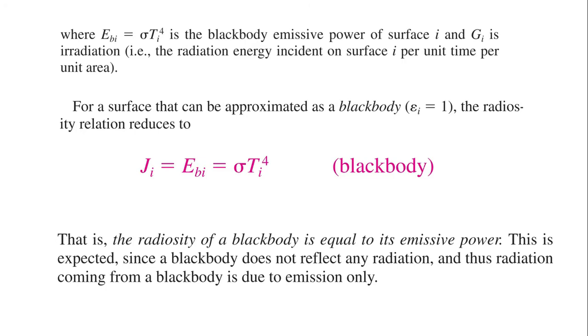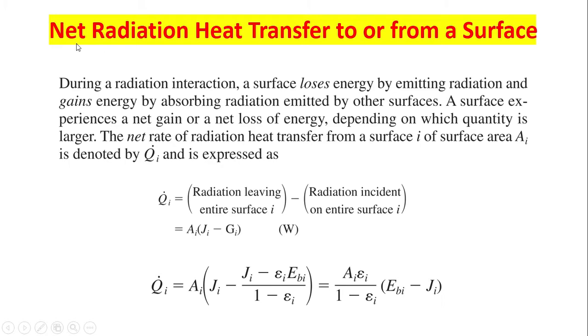In this topic I will talk about the net radiation heat transfer to or from a surface. During the radiation interaction, a surface may lose energy by emitting some radiations, or may gain a part of the energy by absorbing the radiation emitted by other surfaces.